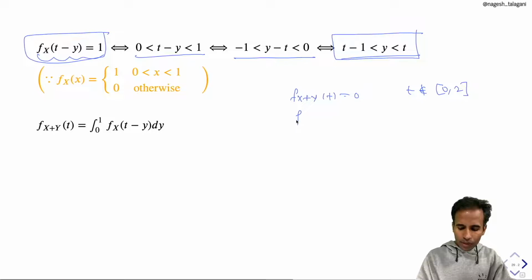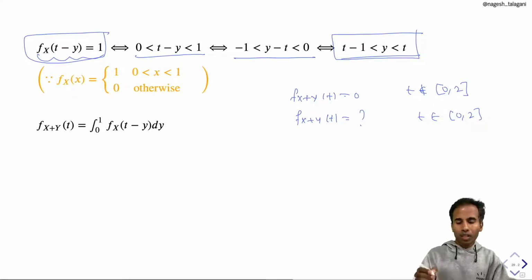The only interest is the value of f_{X+Y}(t) for t in the interval 0 to 2. There are two cases here. t may be in the interval 0 to 1 or 1 to 2.